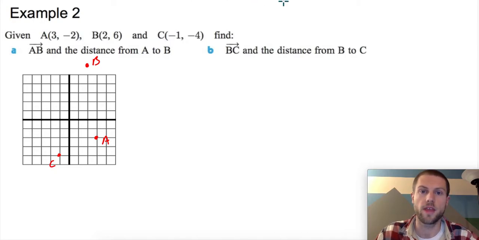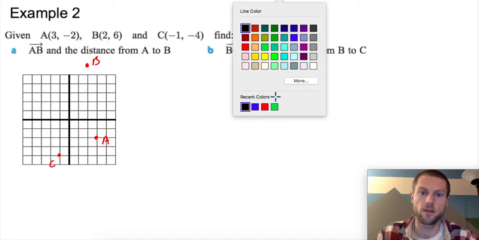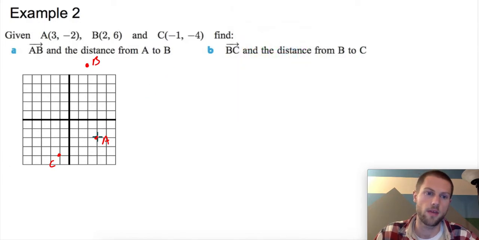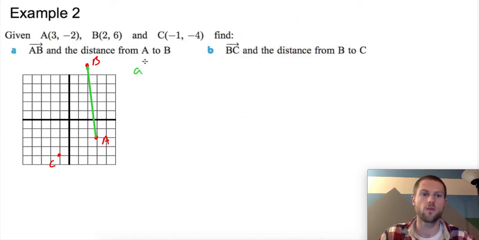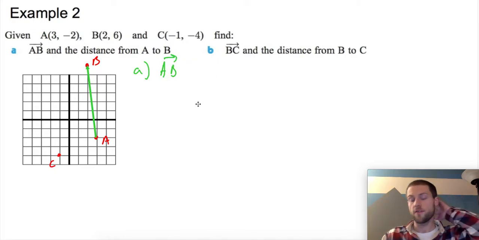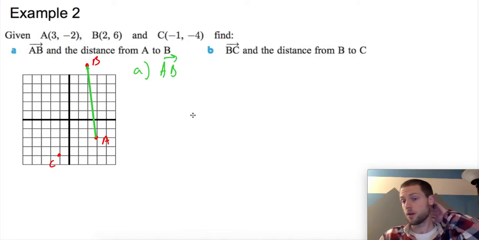So if I were to plot that, this would be my vector AB. Let's do that first. For vector AB, if I want to just find the vector, it doesn't specify if I want components or magnitude and bearing form.